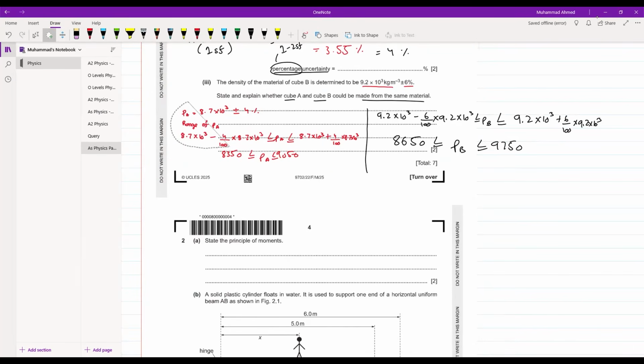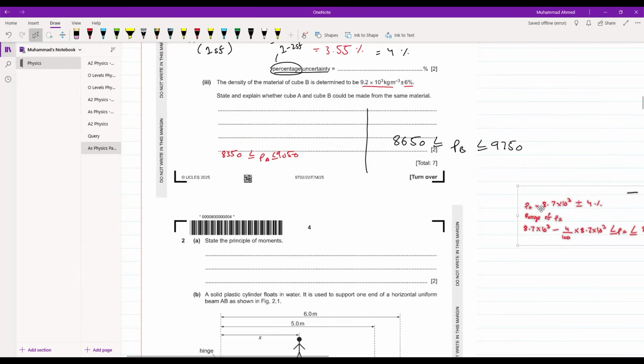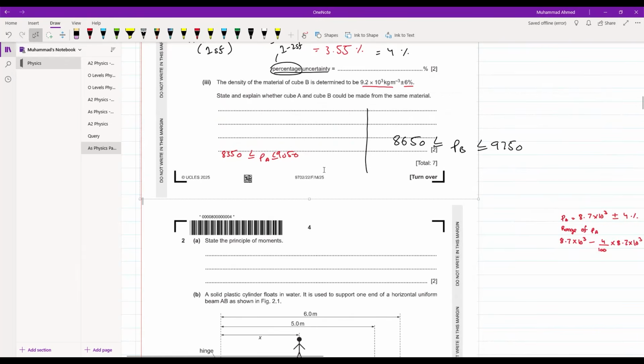Let's remove all of this working, except the ranges. So the range of densities of B is this, and the range of densities of A is this.